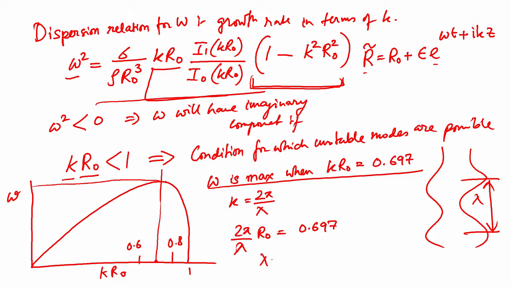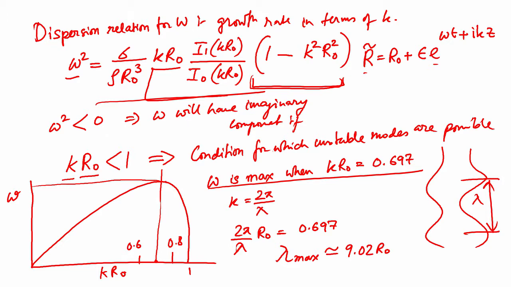So, then that lambda, if we call that lambda max, is given by 9.02 R0.